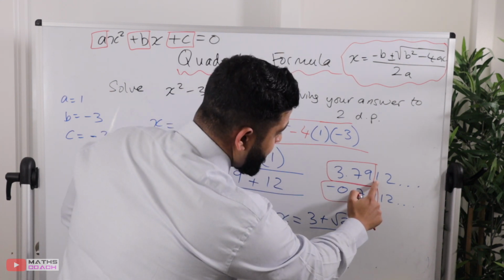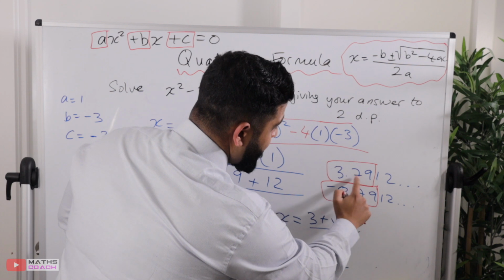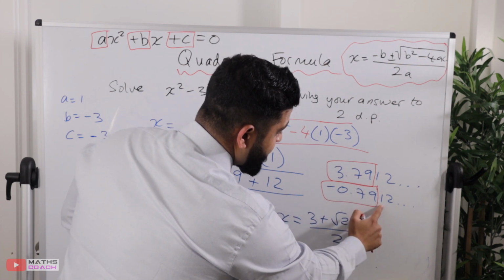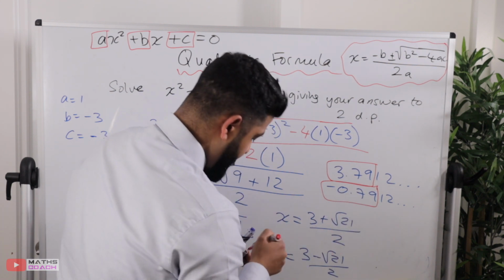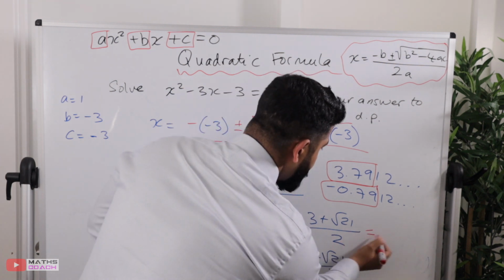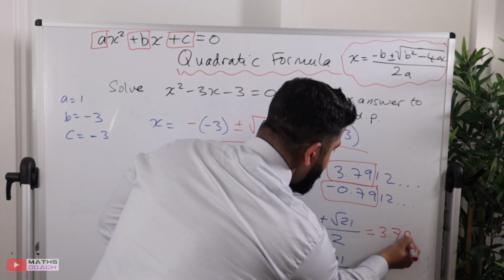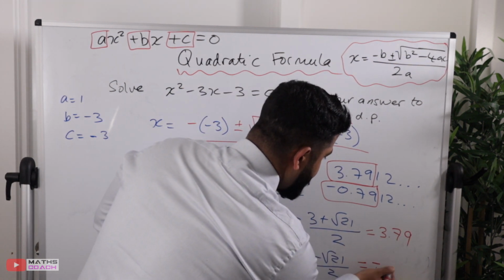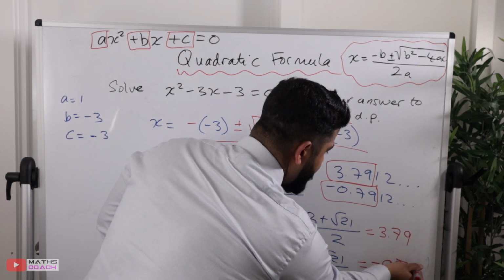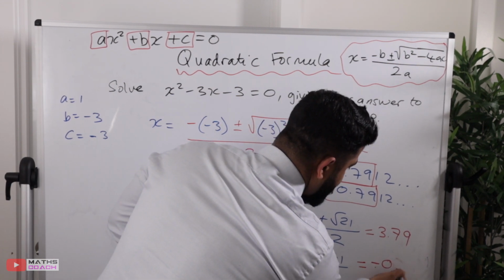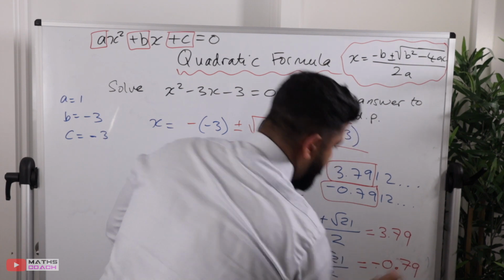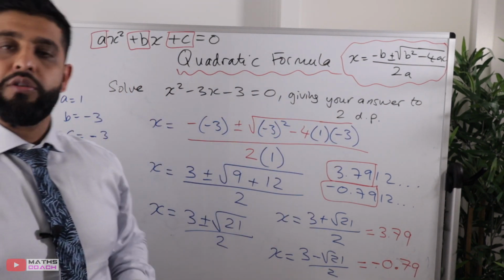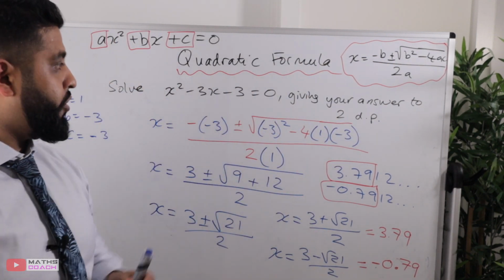And because this number is less than 5, we can leave the 9 as it is, and also the same for this one, we can leave that answer as it is. So our 2 answers will be 3.79 and minus 0.79. So they are our solutions to the quadratic.